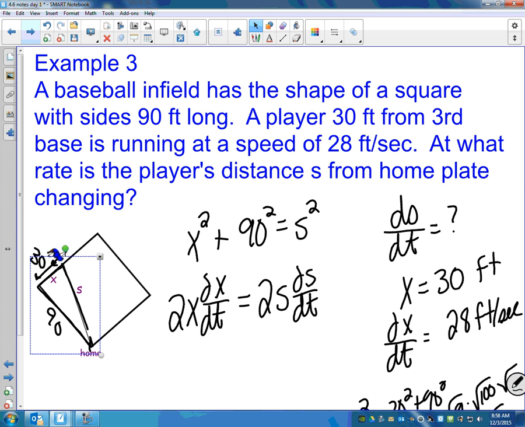And so you have to make sure that your answer makes sense. If we solve this for s as we have it right now, I think we're going to get a negative rate, and we should say that doesn't make sense to us, because s should be getting bigger, not smaller, as he runs.